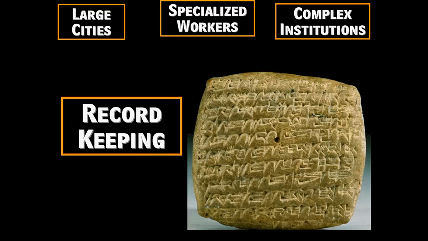Out of record keeping, the need to just keep up with who we're trading with, how much did we trade with them, this new art form, this new science develops called writing. And writing is going to be immensely important to the development of man.